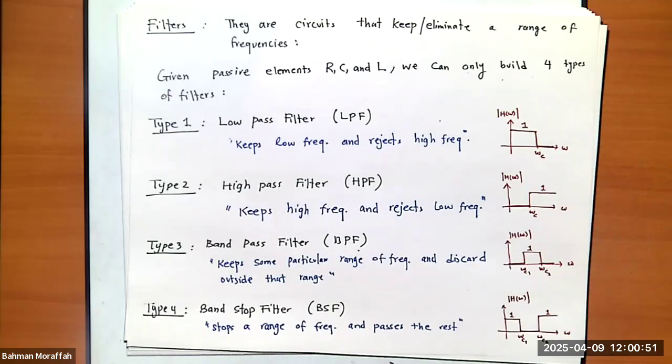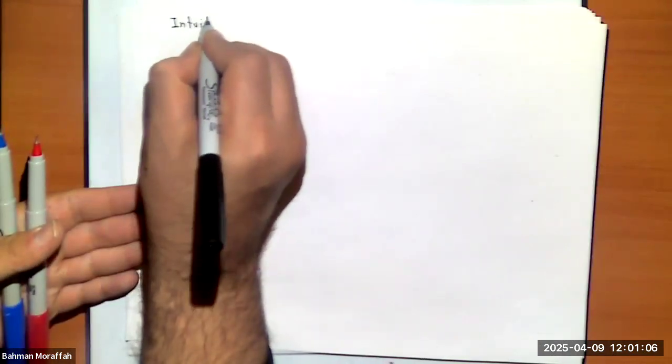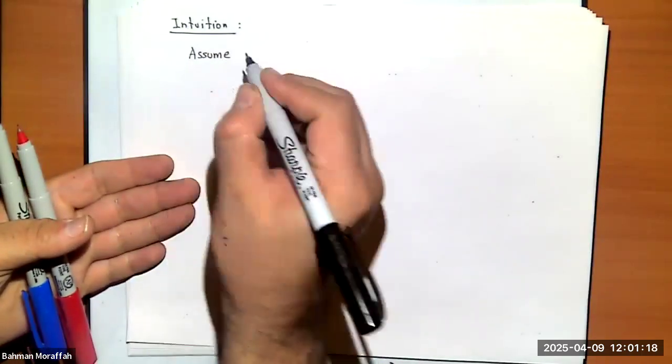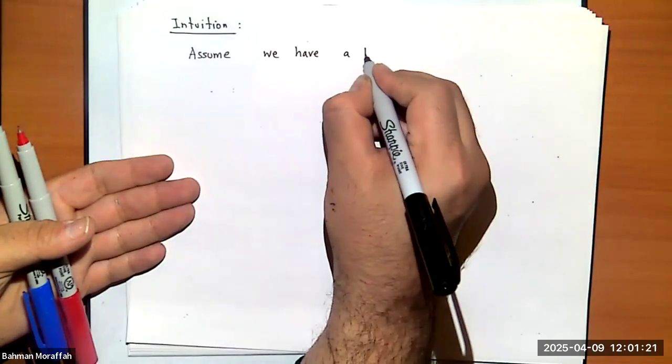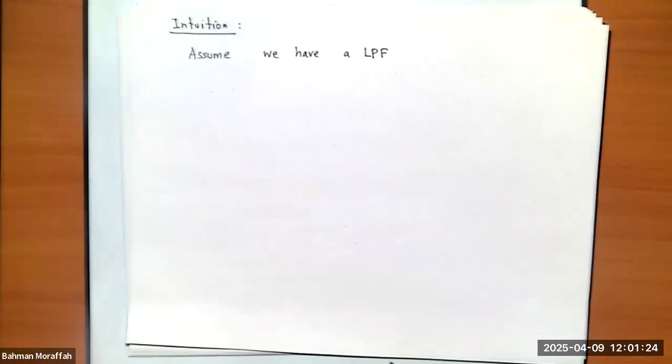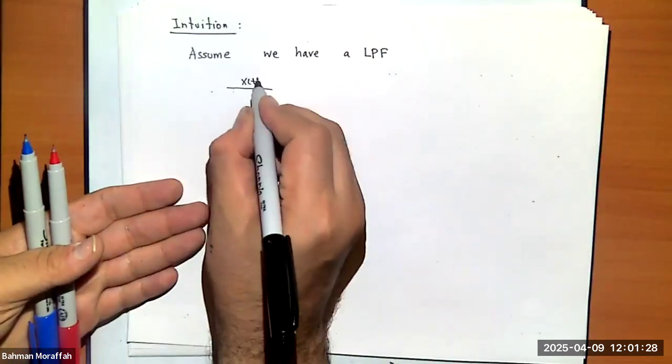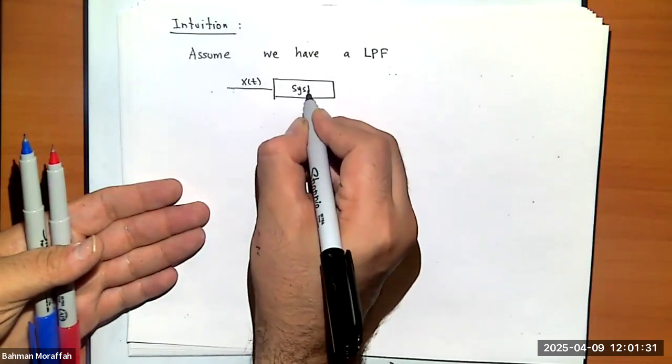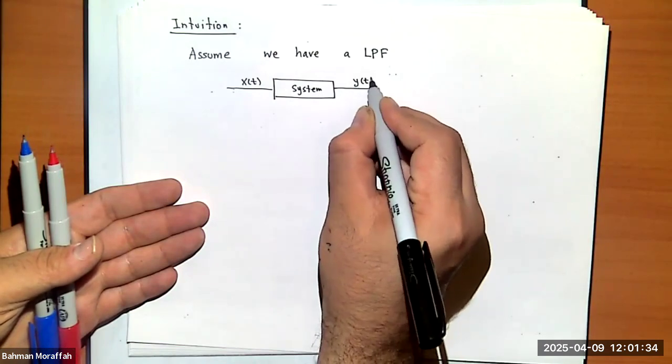But let's have some intuition about this. We just defined them, but let's build an intuition. Let's assume we have a low pass filter. Remember, I have some input x of t, I have my system, and I get this output y of t.